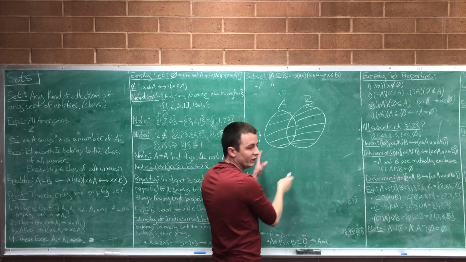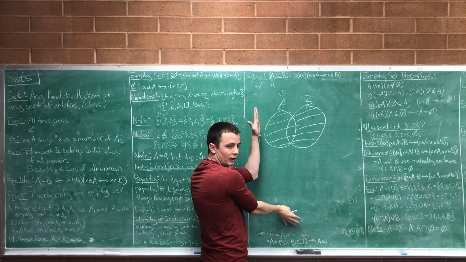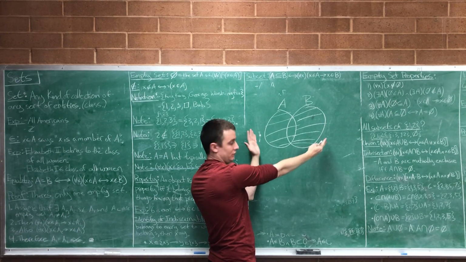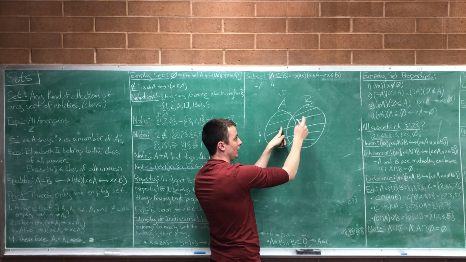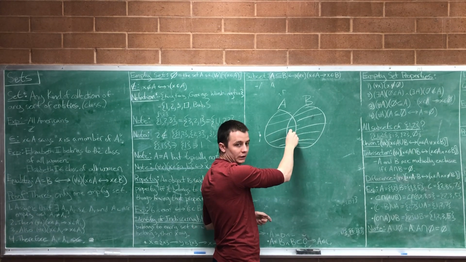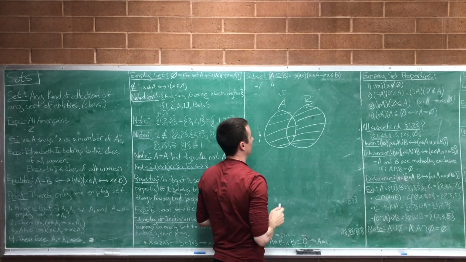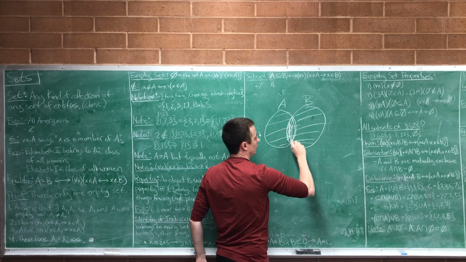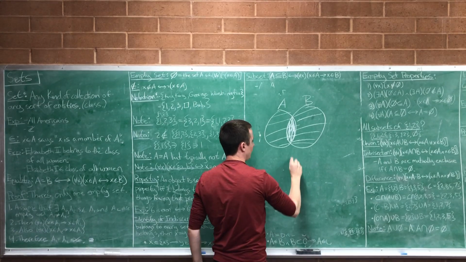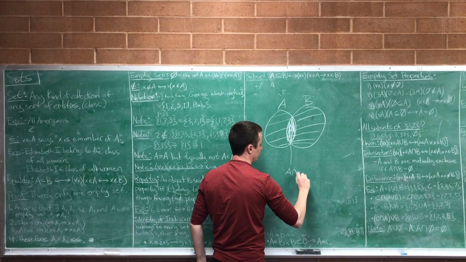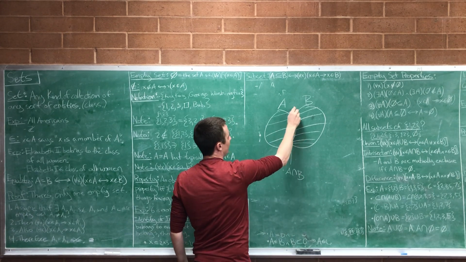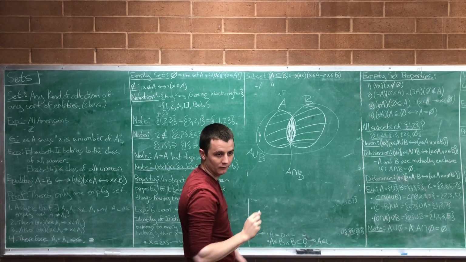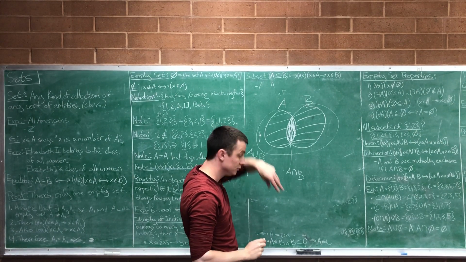If we're thinking about points on the blackboard as my whole universe of objects, and A is all the points in here, and B is all the points in here, A union B is all the points that are either in A or B. Notice these points are in both A and B. Similarly, A intersect B would just be this area right here, but this whole region was A union B. Make sense of the difference? Yeah. Okay.